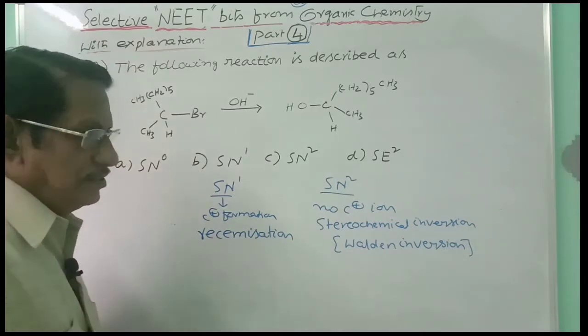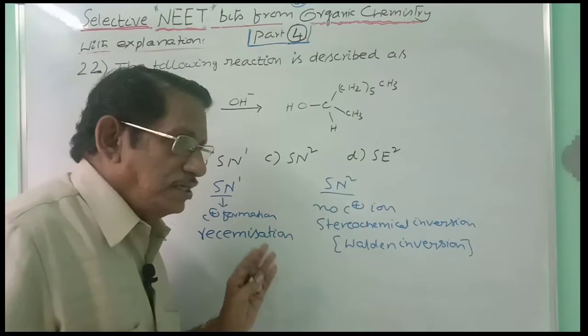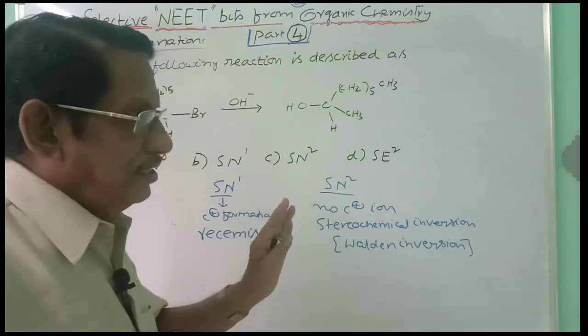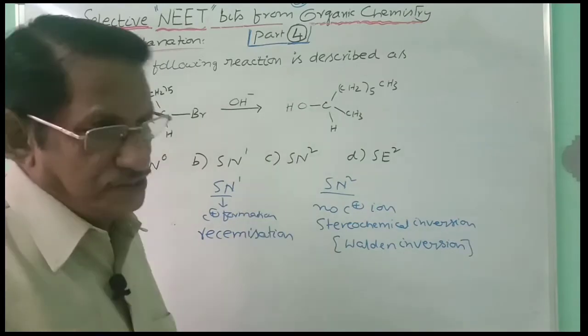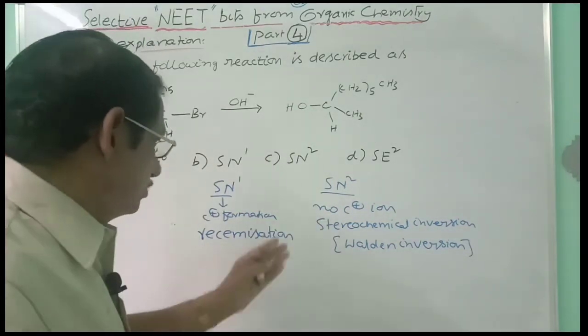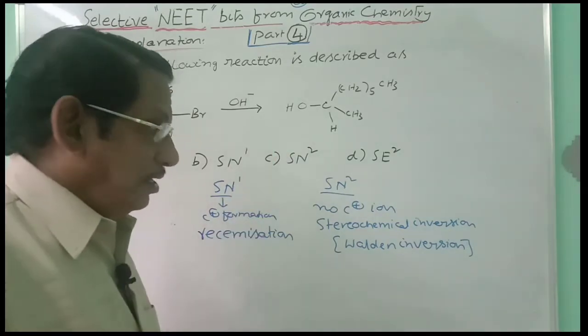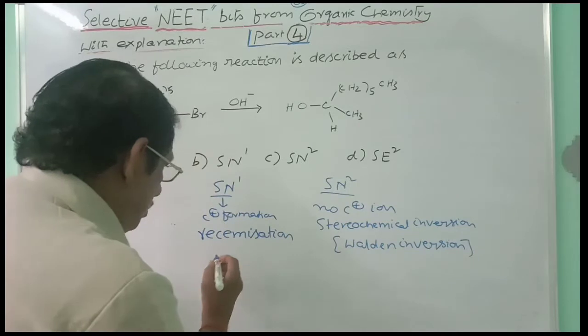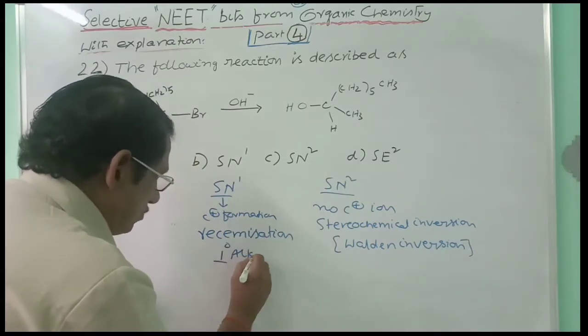In the case of racemization, carbocation formation takes place, and therefore half the isomer will be in the original configuration, half will be in the opposite configuration. Half D, half L will be formed. That is what you call racemization.